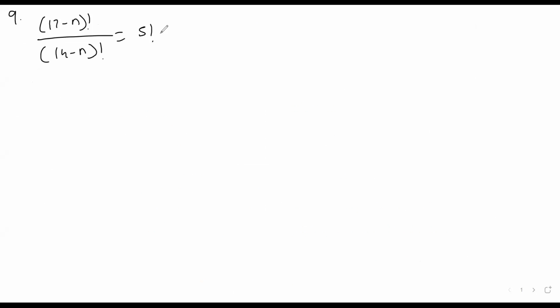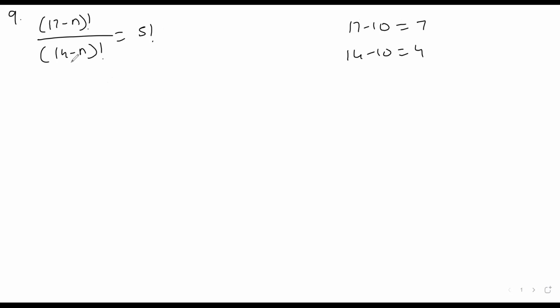Now let us understand whether 17 minus n factorial is a bigger number or 14 minus n factorial is a bigger number. Let n be any number, say 10. 17 minus 10 will be 7 and 14 minus 10 will be 4. So obviously this is a bigger number.